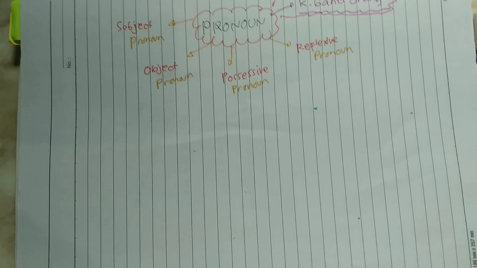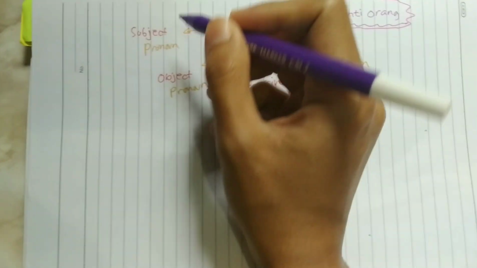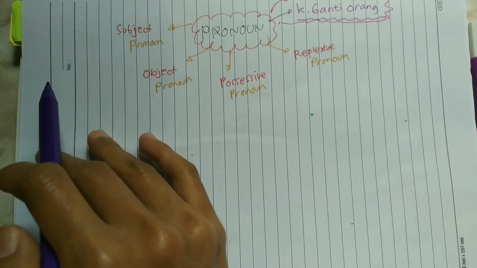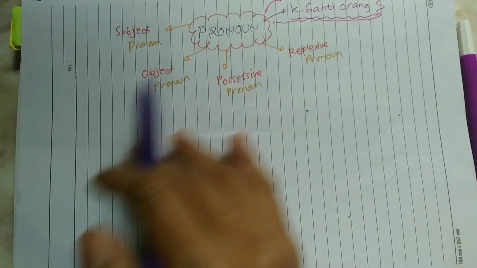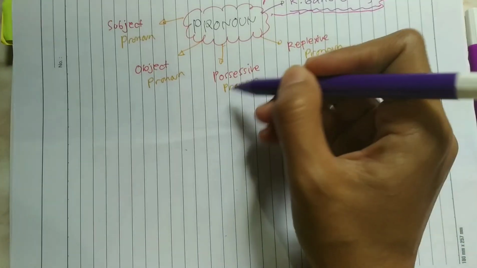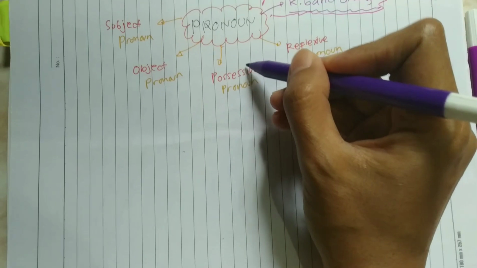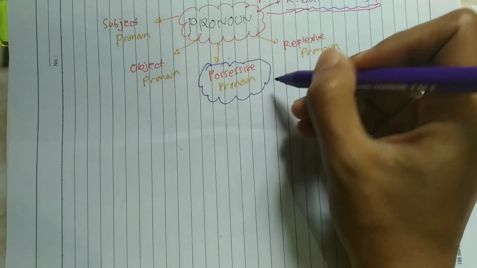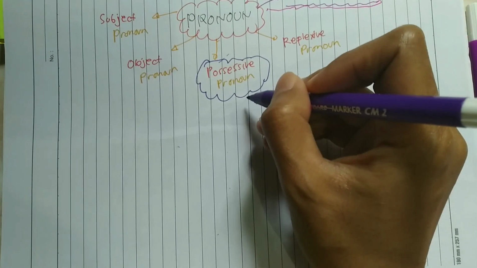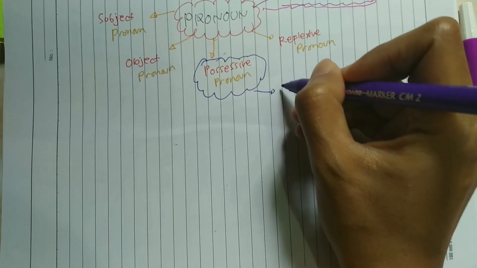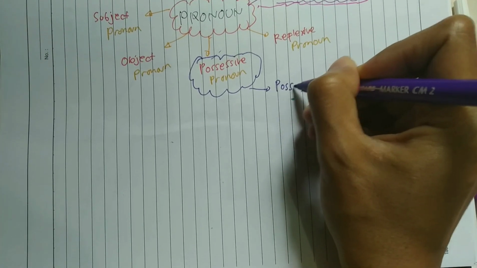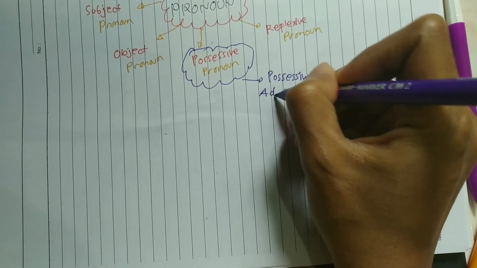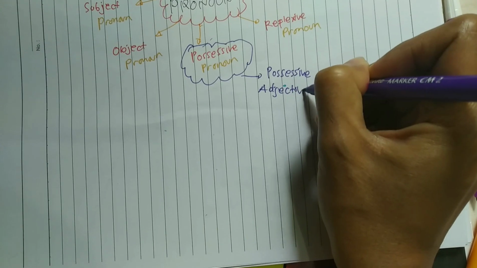Right. Next, before we continue to explore subject pronoun, object pronoun, and all the other things, I need to elaborate about this. So from here, we've got possessive adjective.